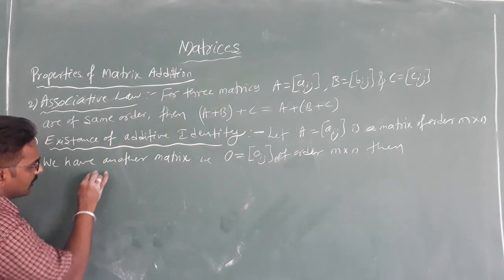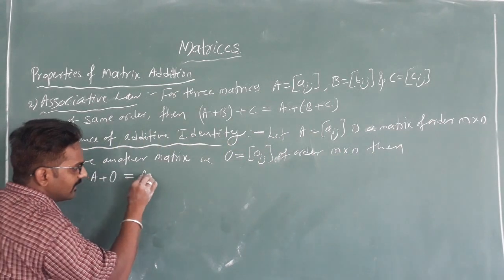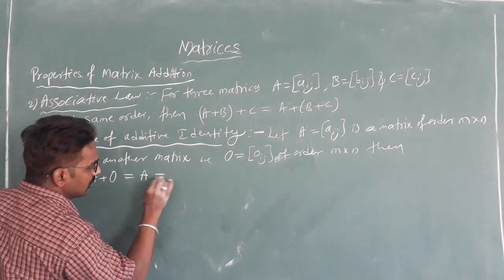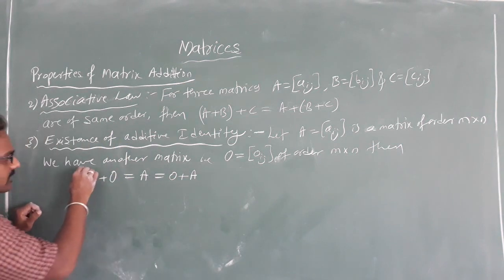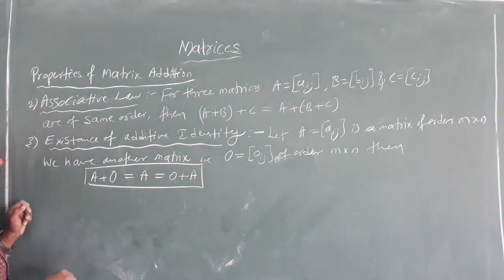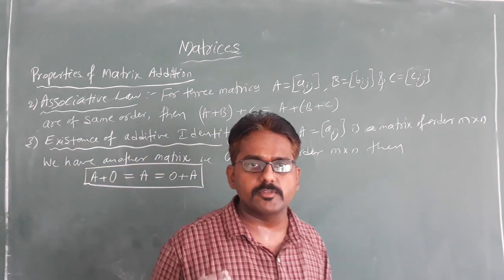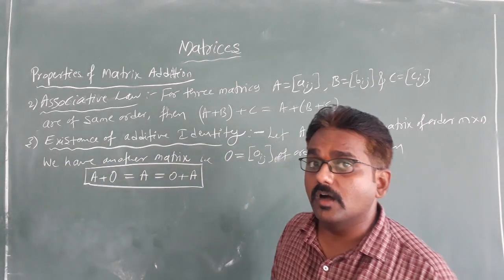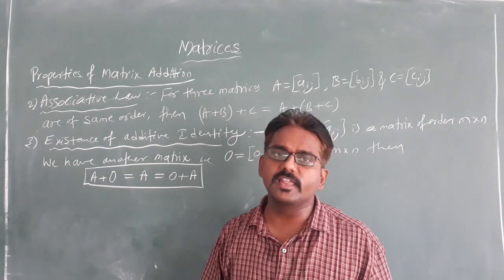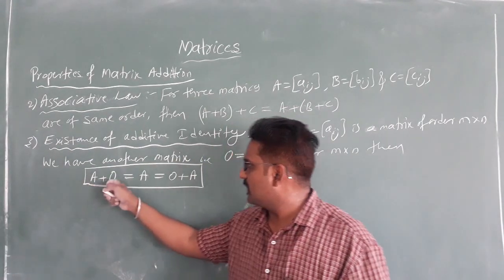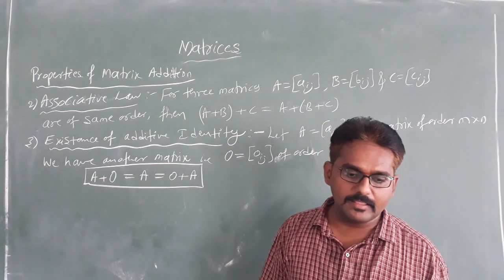Then A plus the zero matrix gives matrix A itself, or zero matrix plus the given matrix A. Whenever you add the zero matrix to any given matrix, we get the given matrix only, either A plus zero matrix or zero matrix plus A.